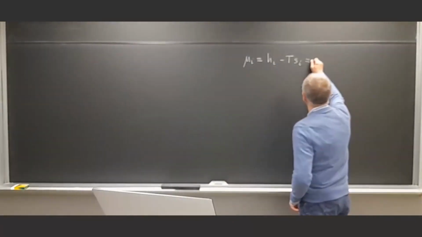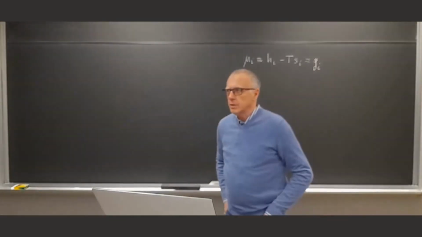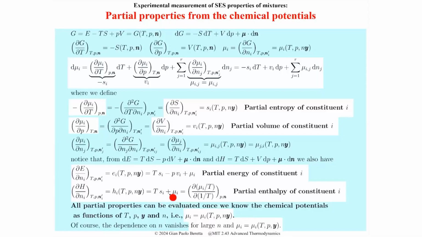So this is also equal to the partial Gibbs free energy, and in fact the derivative of G with respect to Ni at fixed T and P and the other constituents, that's the definition of the chemical potential in terms of the Gibbs free energy, but you could also call it by analogy with these definitions, the partial Gibbs free energy of the constituent in the mixture.